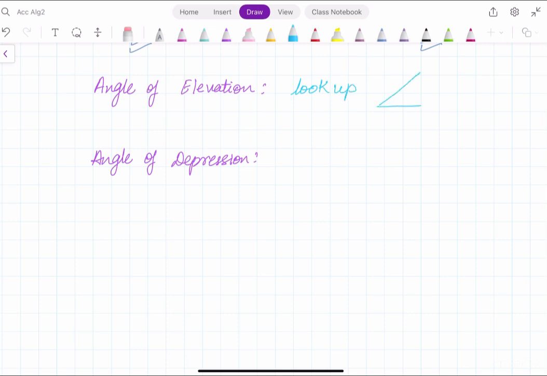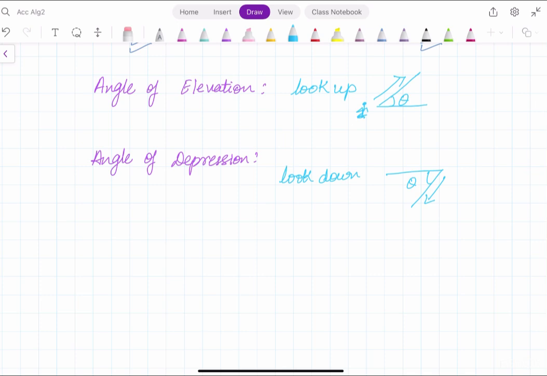So the same way, angle of elevation is just like someone is looking up. Someone is standing, observer is standing here and they are looking up. Angle of depression on the other hand is just looking down. And when you are looking down, the angle that is formed, that is called angle of depression.